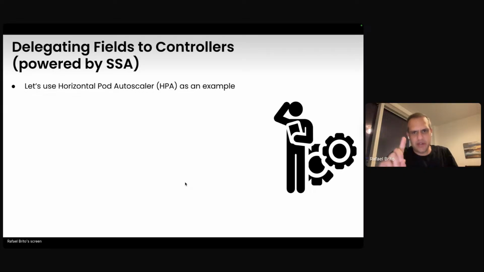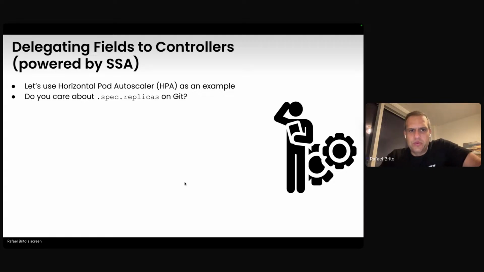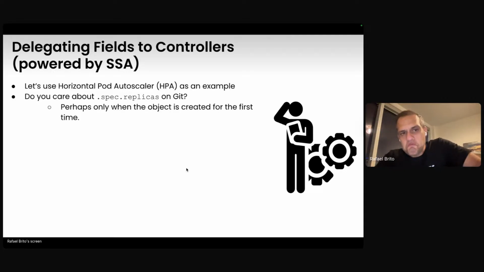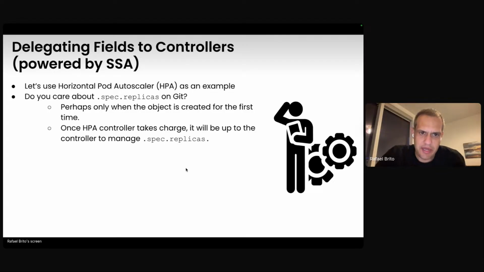Let's think about HPA for a sec. Okay, HPA, Horizontal Pod Autoscaler. Do you care about spec replicas in your Git? Perhaps when you're about to create the object for the first time. If you're using HPA, the HPA controller is going to take charge, right?